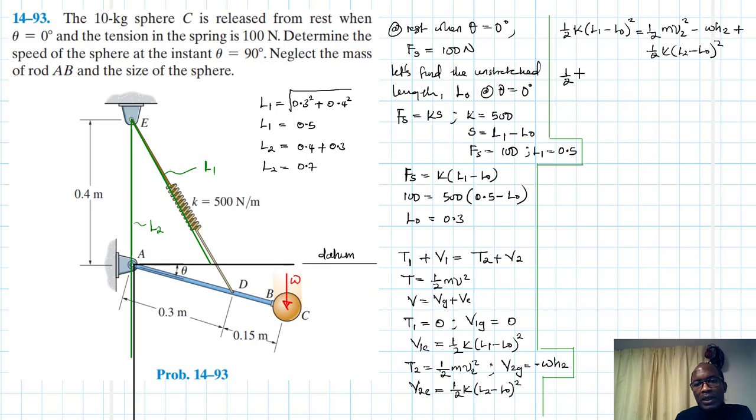Let's add some numbers to that. 500, we calculated L1 as 0.5, minus L0 of 0.3, squared.